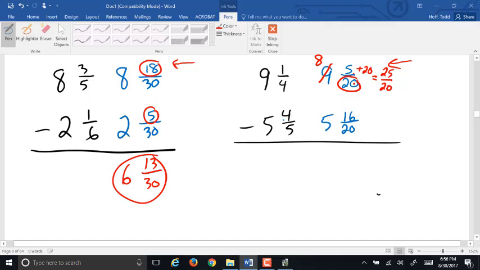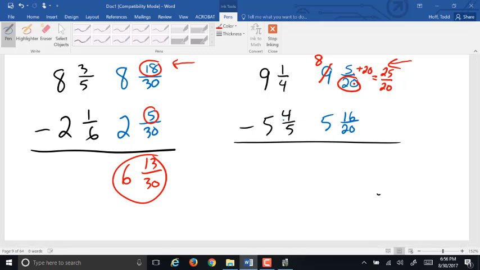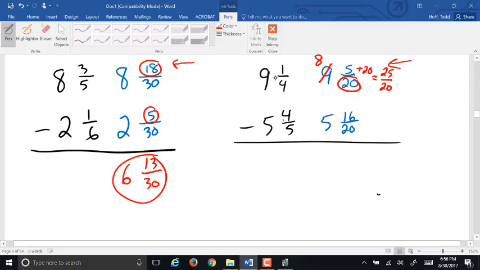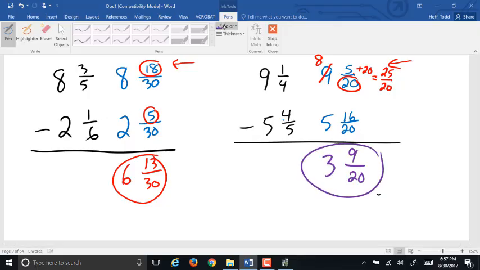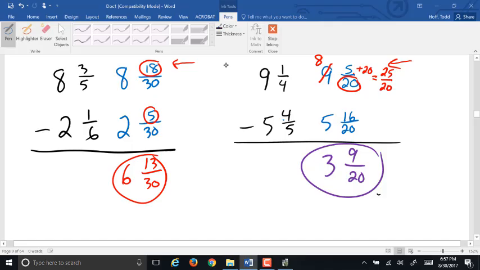We have to add the denominator to our numerator when we borrow the 1. And now we subtract 25 minus 16, 9/20. 8 minus 5, 3. So 3 and 9/20. Let's do one more of those.